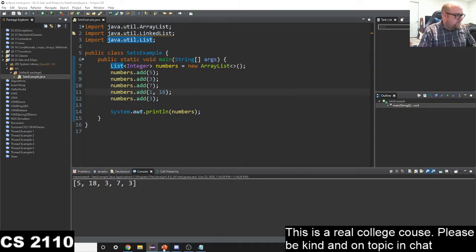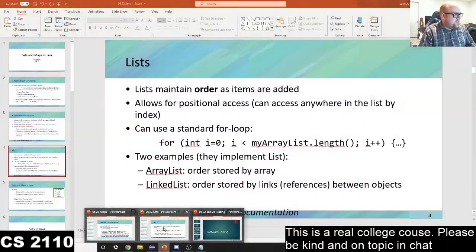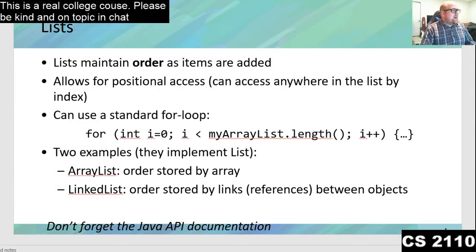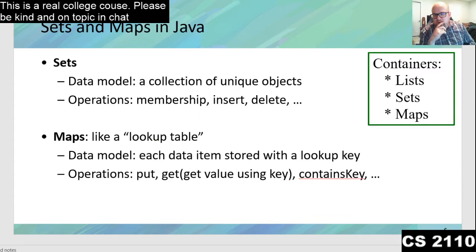So from there, jumping back into the slides, we have two other types that we're going to look at today, sets and maps. And again, the set and the map are abstract. They are implemented different ways. But the idea of how a set and a map works is more broad than any one implementation.